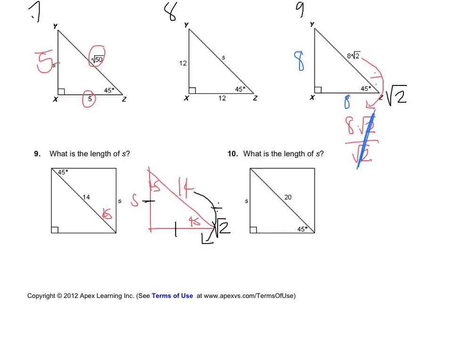And 14 divided by the square root of 2 is 9.9. So that means that my base is 9.9. It also means that my other side is 9.9. So that would be my answer for this question. So remember, for 45, 45, 90, your magic number is square root of 2. If you're going up to a bigger number, you multiply. If you're going down to a smaller side, you divide.